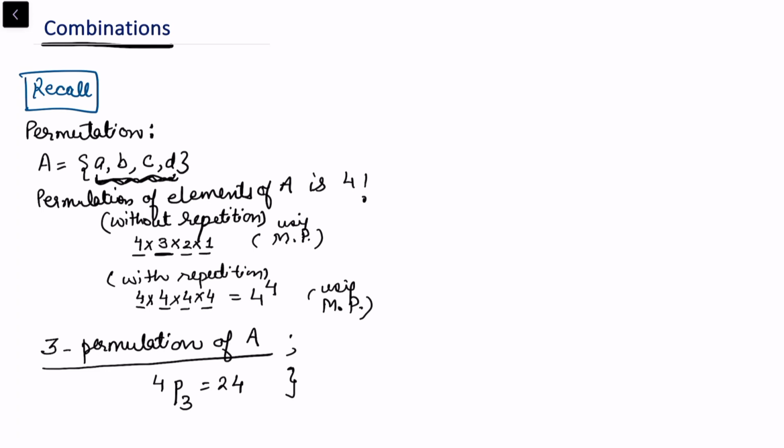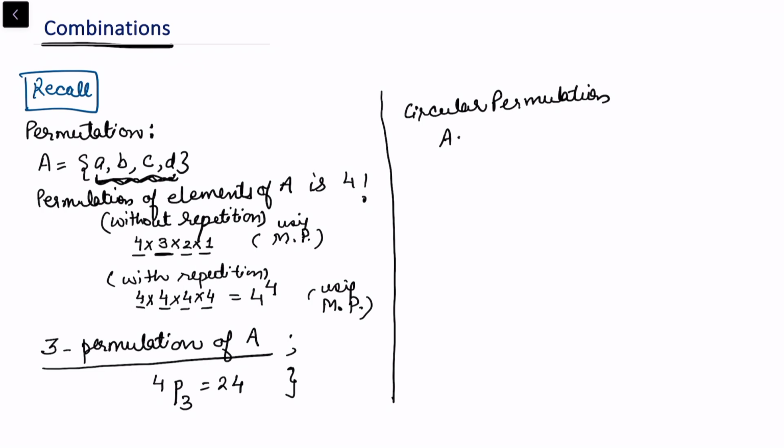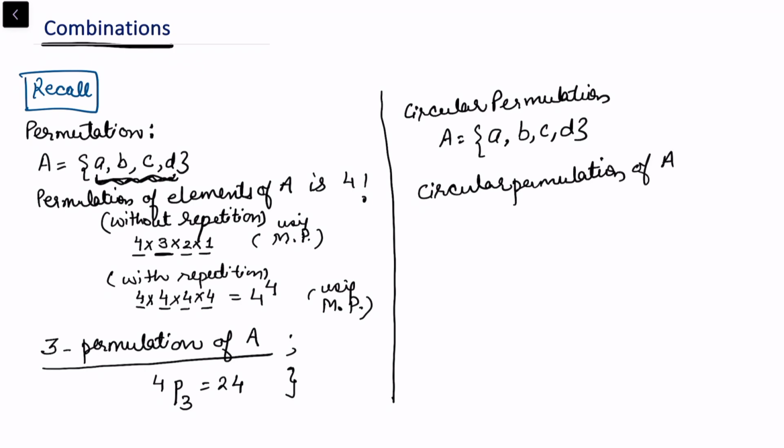Now if I look at this same example in terms of circular permutation, we can see the difference again before we move to combination. So this is A, B, C, D, and if I want to take all elements, the circular permutation of A, considering all objects, is 4 minus 1 factorial, that is 3 factorial.